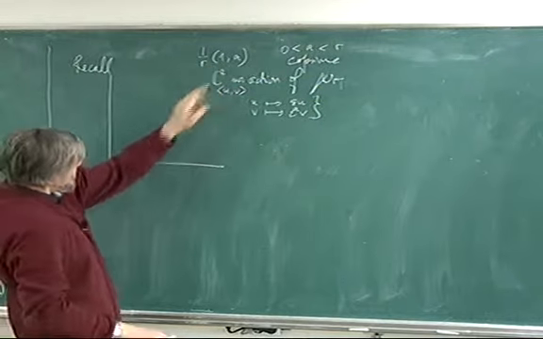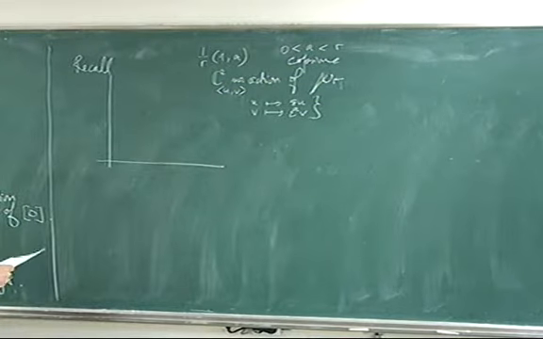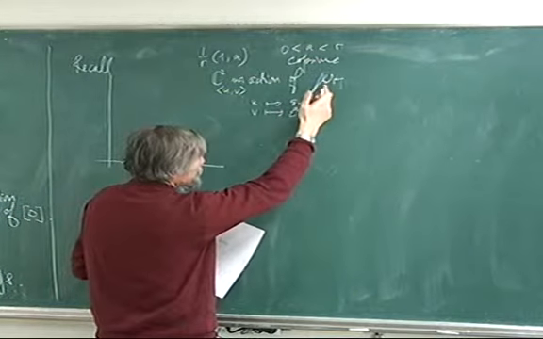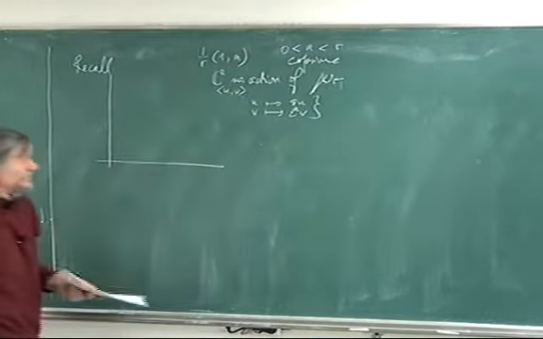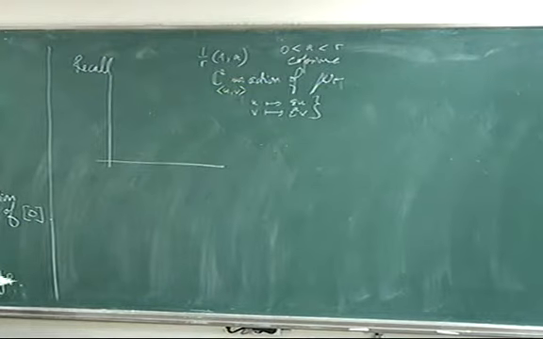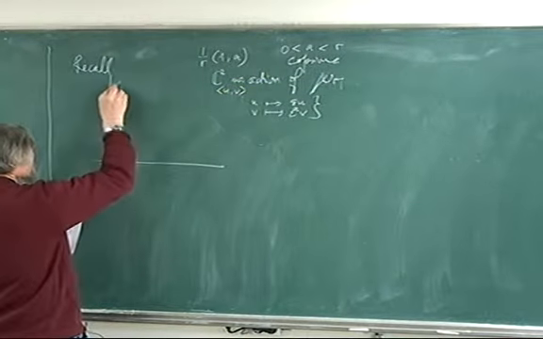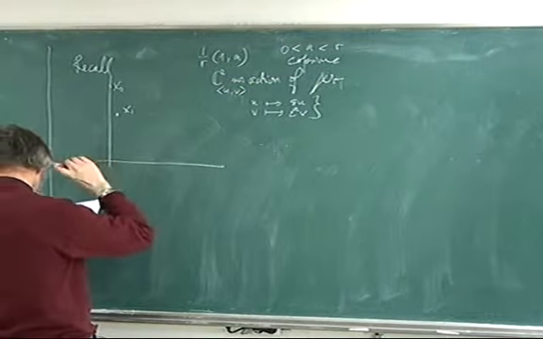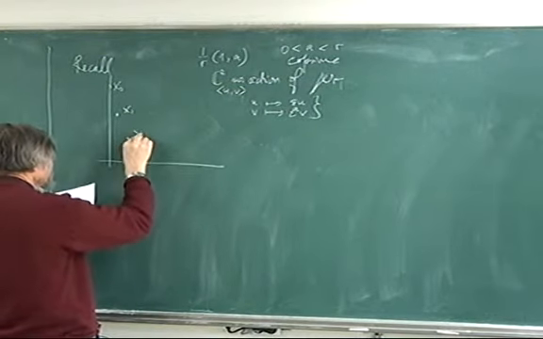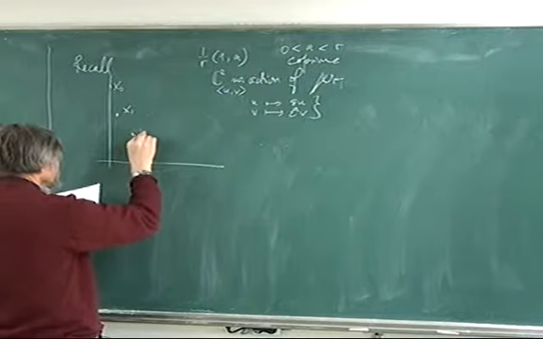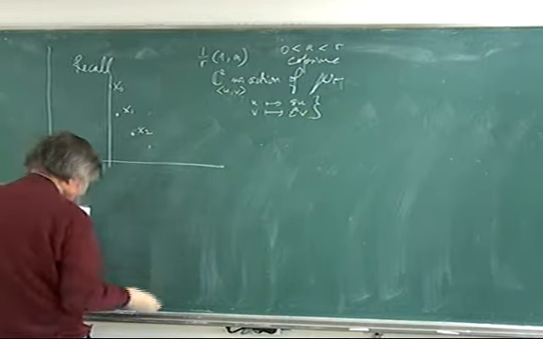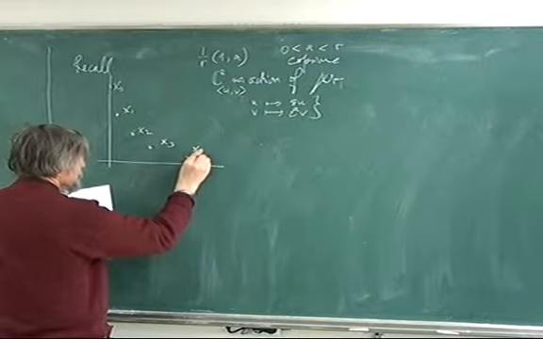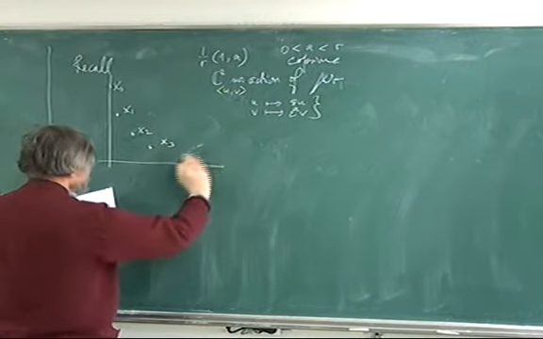Remember, epsilon here is a particular root of unity, so it's any element of the group of rth roots of unity. So I had this picture, x0, x1, and then let me draw it realistically, x2, x3, x4.